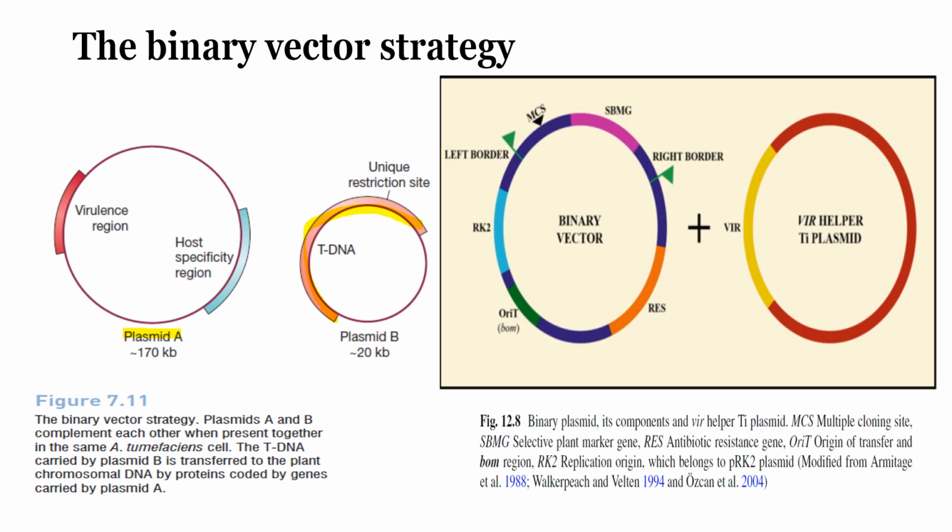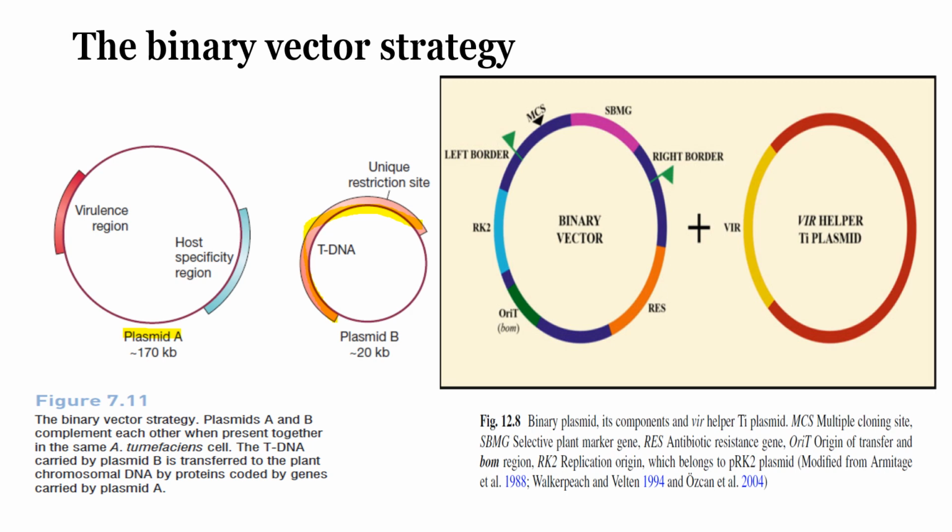Right. So, a closer look over here. This is a binary vector and this is a Vir helper Ti plasmid. The Vir helper Ti plasmid is the same as plasmid A and contains the virulence region and host specificity region. The binary vector contains the left and right border for the tDNA, multiple cloning sites, the selective plant marker gene, an antibiotic resistance gene, an origin of replication and the transfer region.